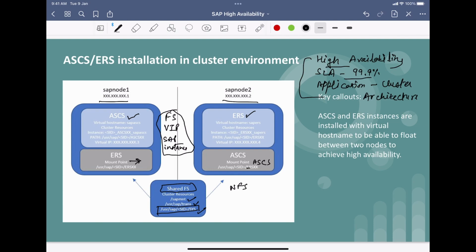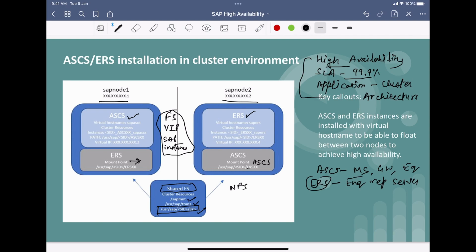When we talk in terms of SAP services, we have ASCS, which contains central services: your message service, your gateway service, your NQ service. Also, ERS comes into the picture when you implement application cluster. It is the NQ replication server, but this is not a core SAP service.